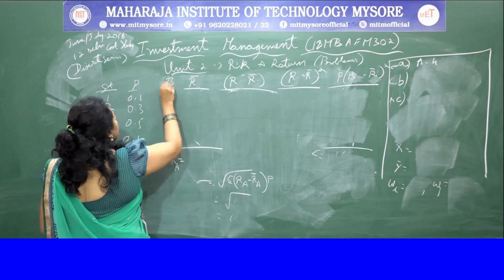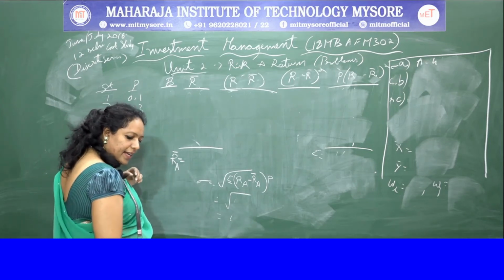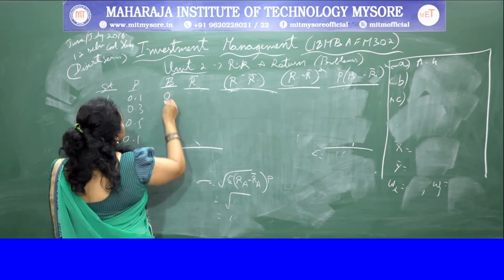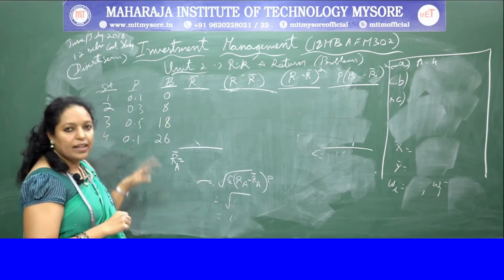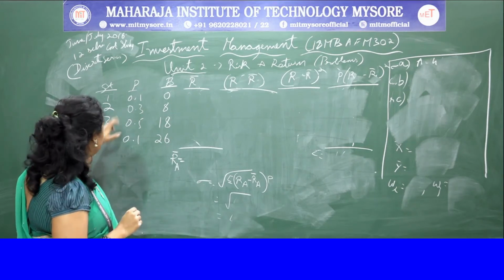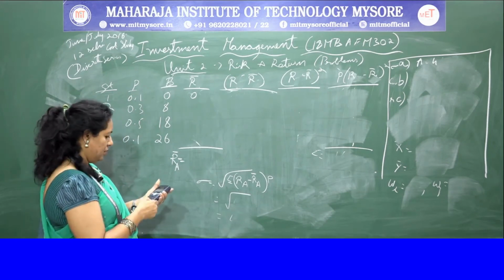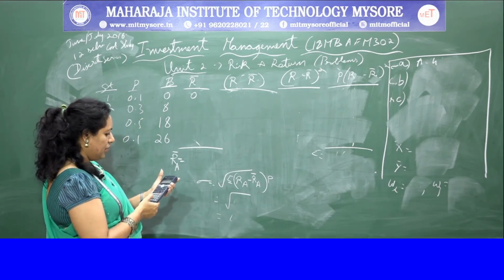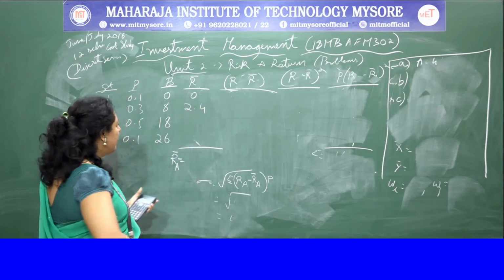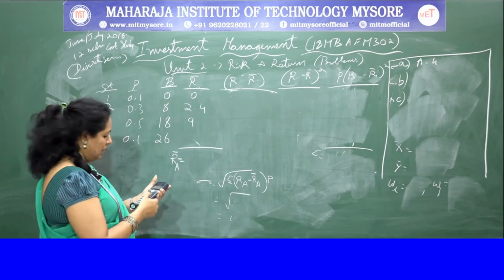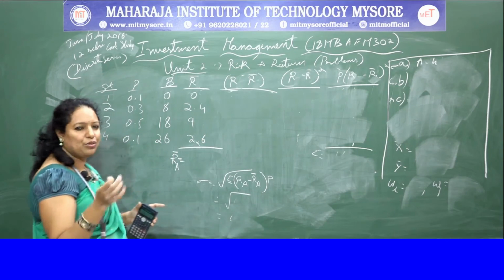This is of security B. Security B, they have said it is 0, 8, 18 and 26. So let's start multiplying. So multiplication, it is 0, and 8 into 0.3, you get 2.4. 18 into half, it is 9. 26 into 0.1, it is 2.6.